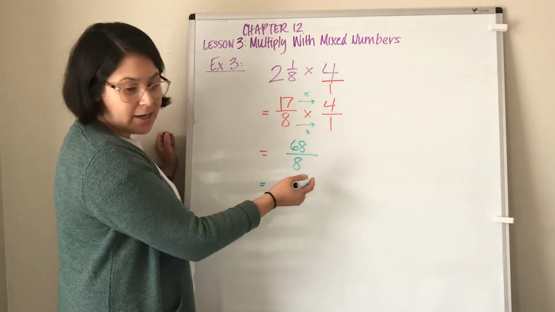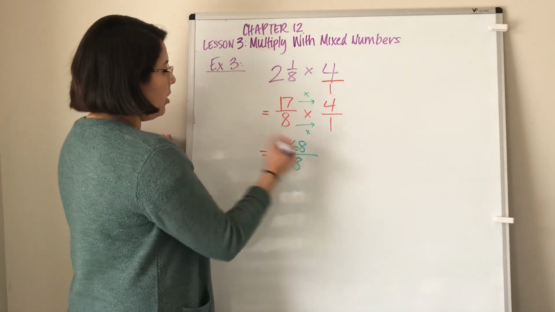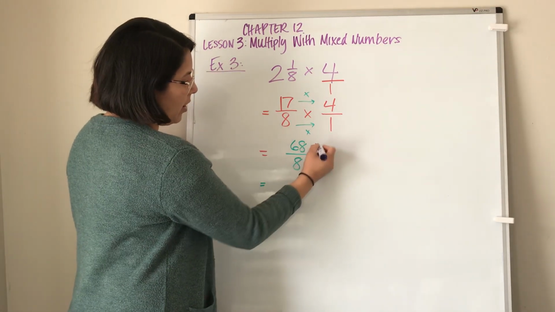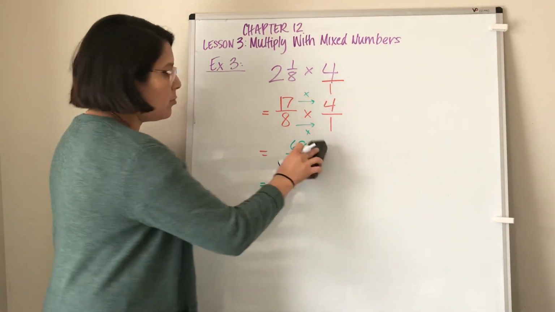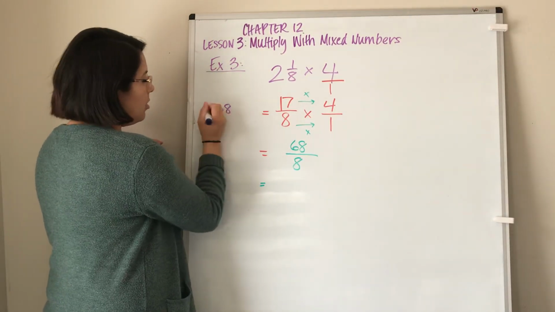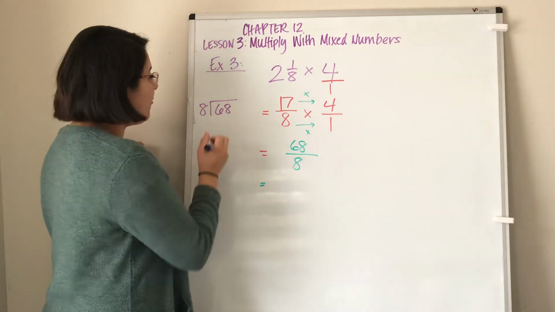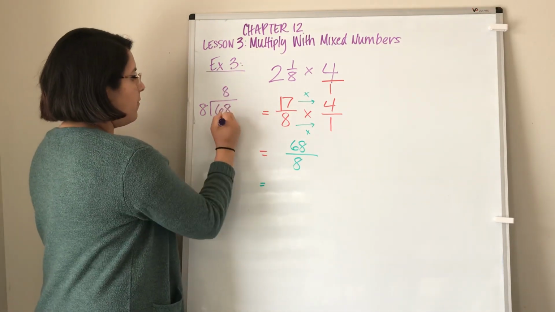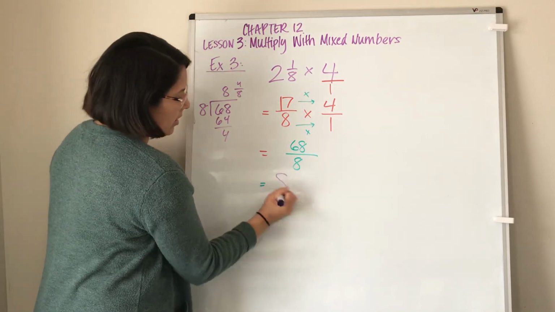I can either divide now or I can divide both of them by 4 or whatever and see what I get. I think that's what the book does. But like I said, you always take it to the side here and turn it into a proper fraction. I have 64, 4, so I got 8 and 1/2.